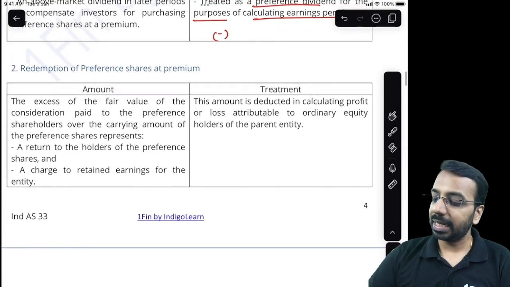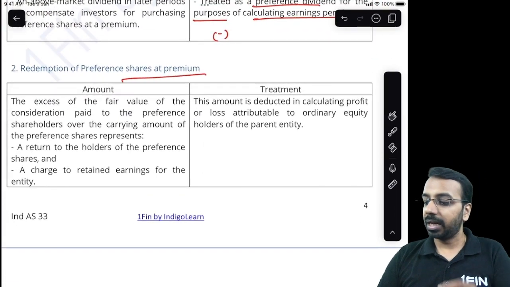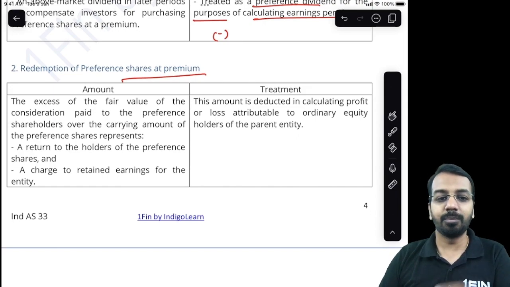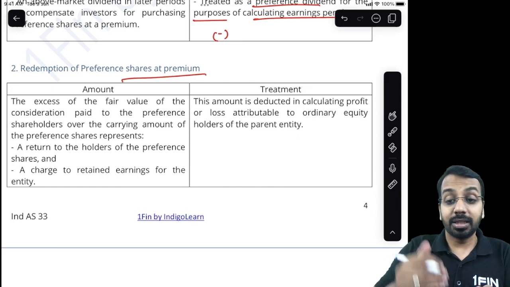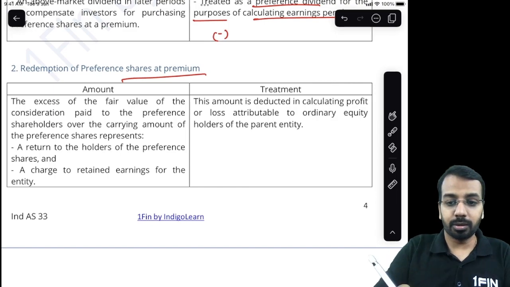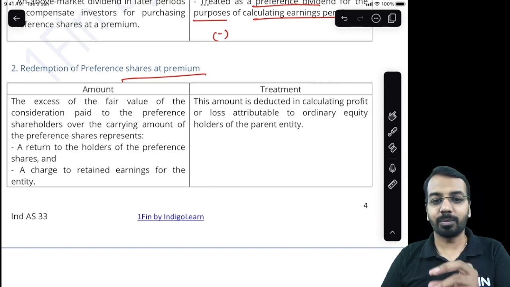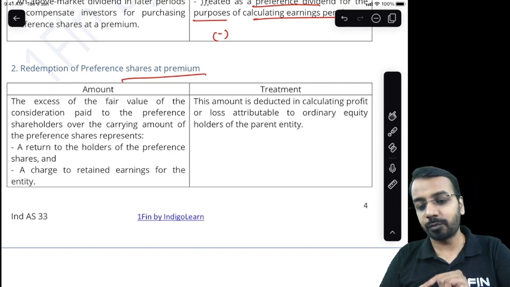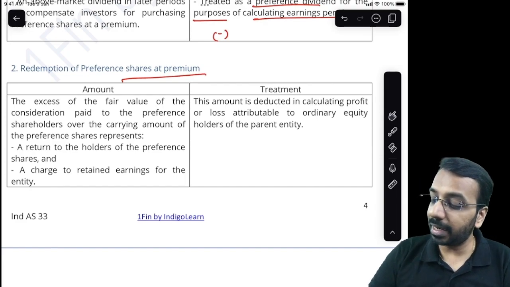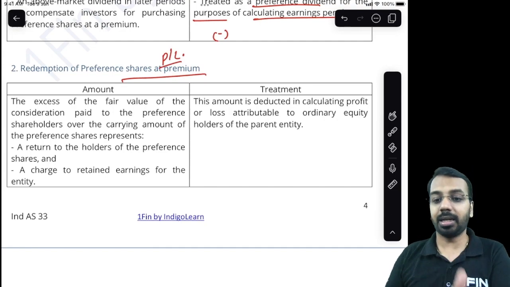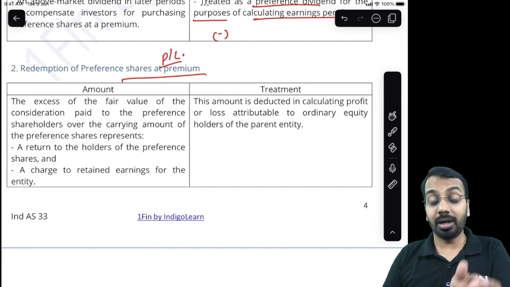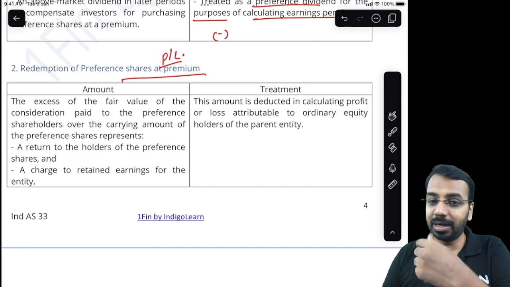Then if shares are redeemed at a premium, what does it mean? It means that we are paying a higher amount to the shareholders. When we redeem at a premium, we don't debit this to P&L under the amortized cost method, or under the effective interest method, we will debit it to P&L.